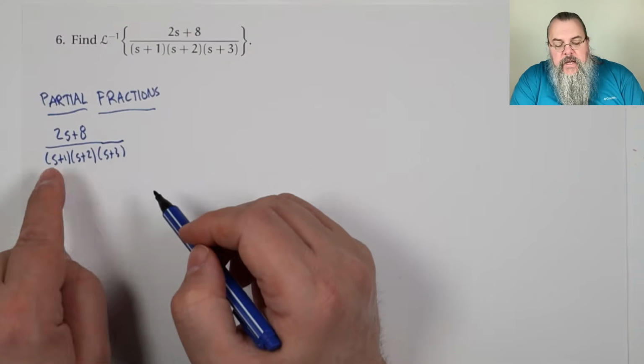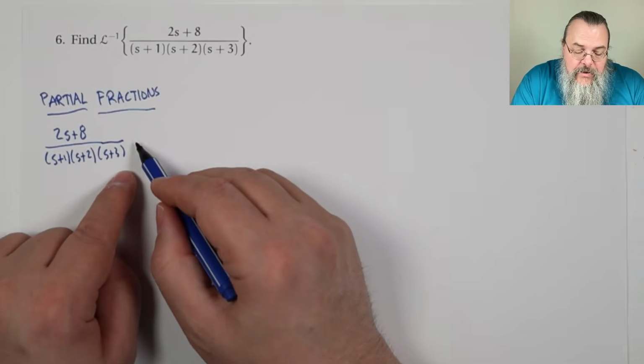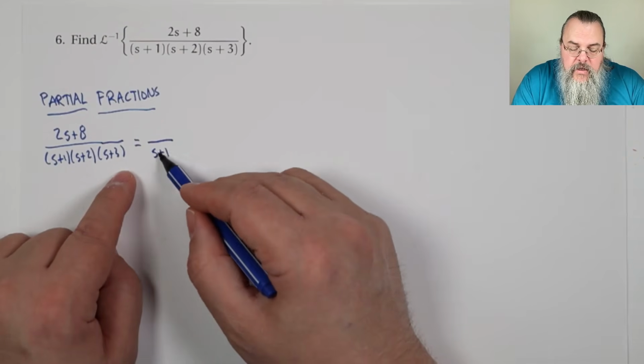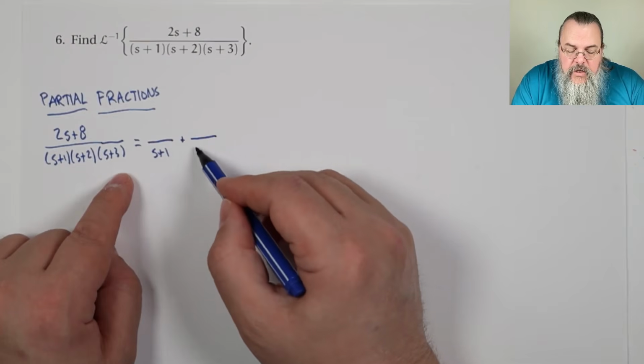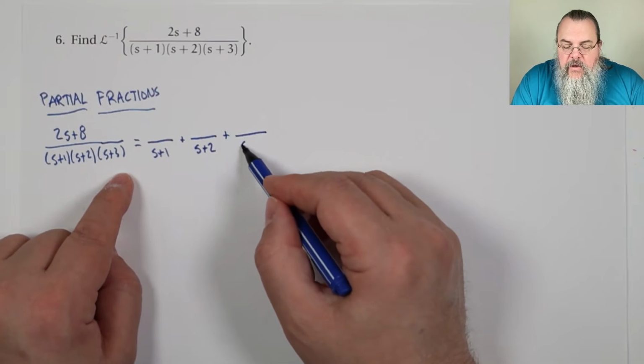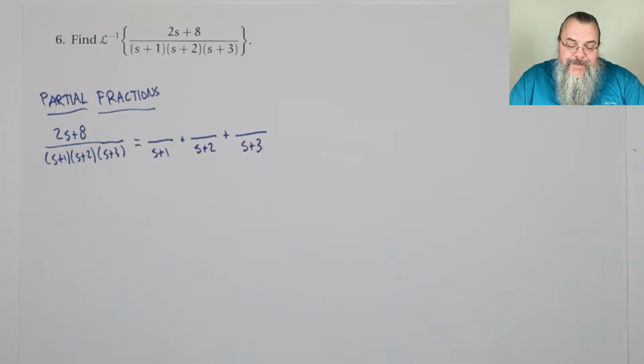Well, we're going to have 3 pieces, one for each term down here. So there's going to be something over s plus 1 plus something over s plus 2 plus something over s plus 3. Now what goes upstairs? Well, unknowns.